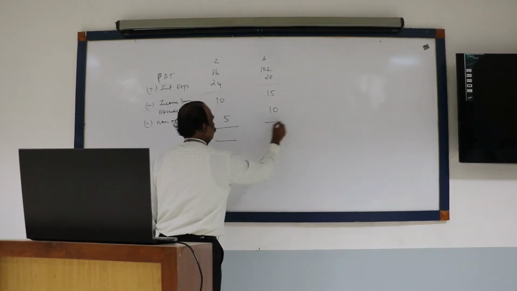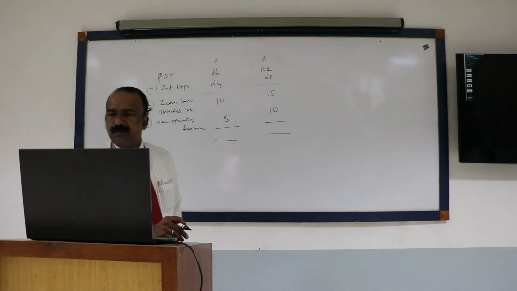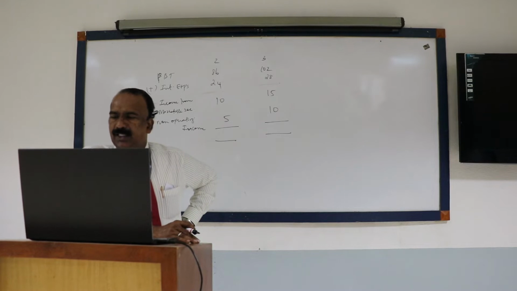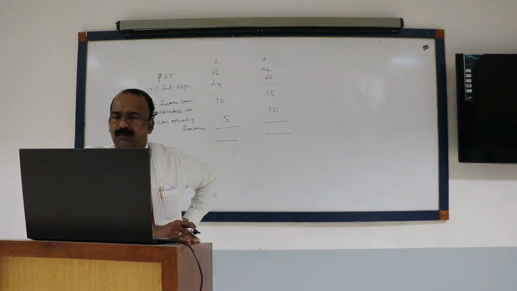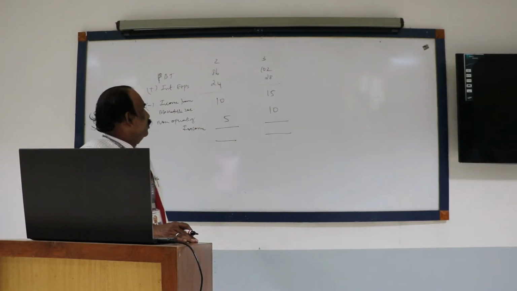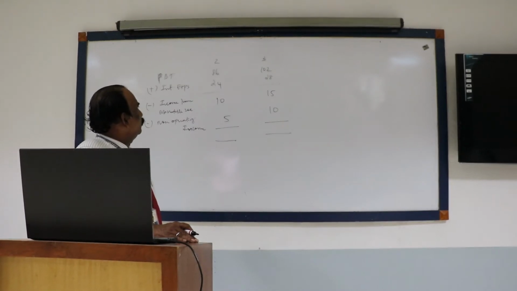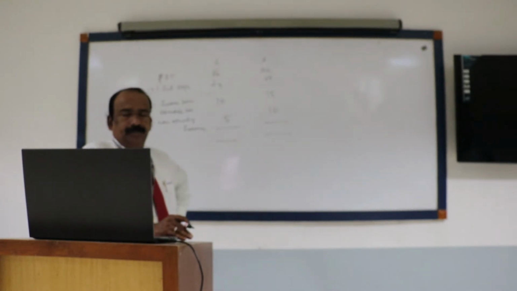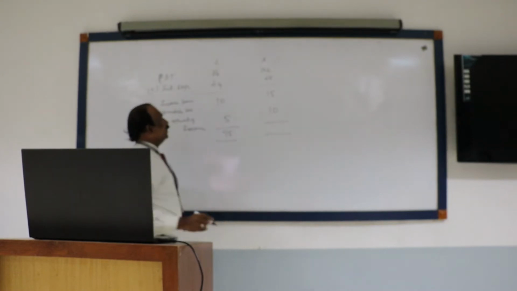So how much comes? Any clarification, anybody? 86 plus 24 minus 10 minus 5 is 95. Second year, third year?